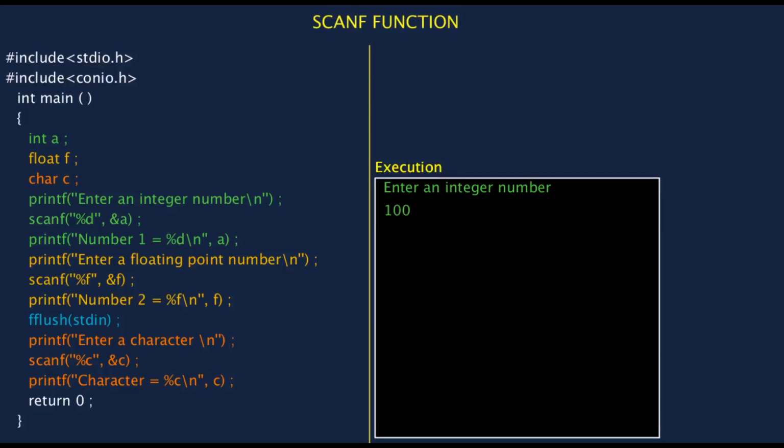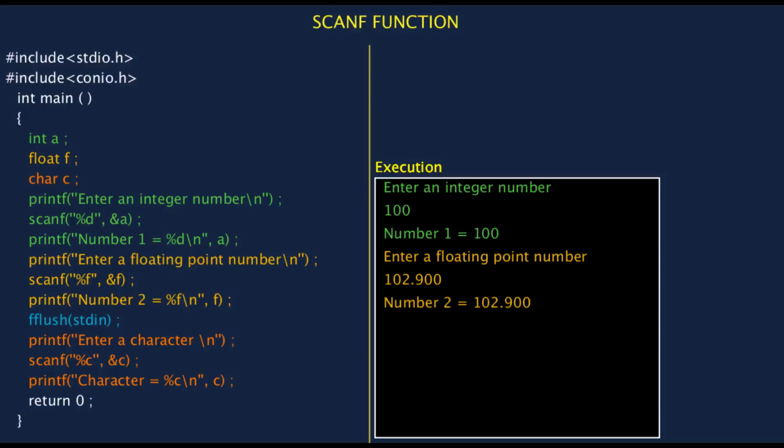Then it will print number 1 equals 100. And then this will print the message enter a floating point number. Then we have to enter a floating point number. Let's say we enter 102.900. Then it will print number 2 equals the number we entered, that is 102.900.